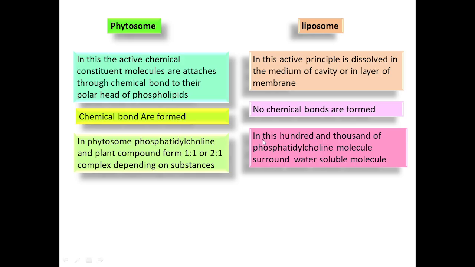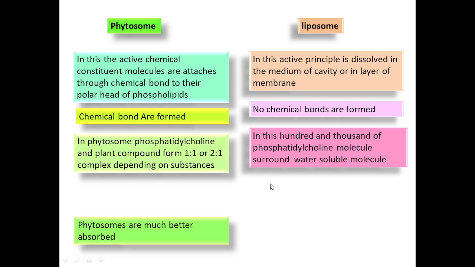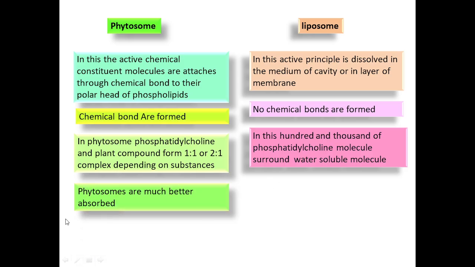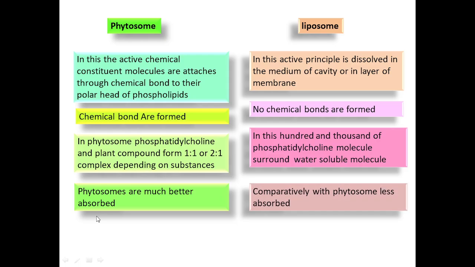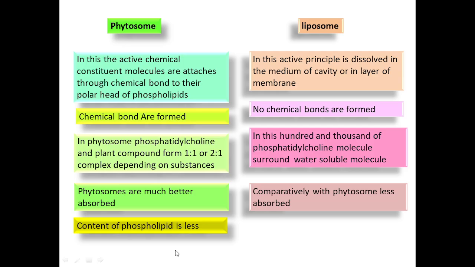In liposome, hundreds and thousands of phosphatidylcholine molecules surround the water-soluble molecule. Phytosomes are much better absorbed. Comparatively, liposomes are less absorbed. Content of phospholipid is less in case of phytosome. Content of phospholipid is more in case of liposome.